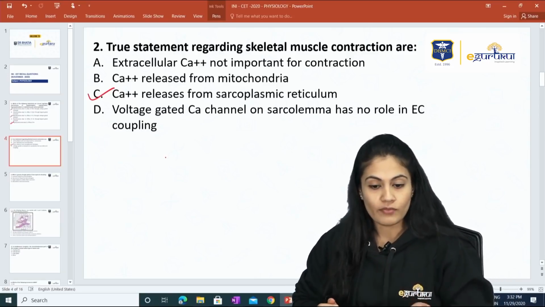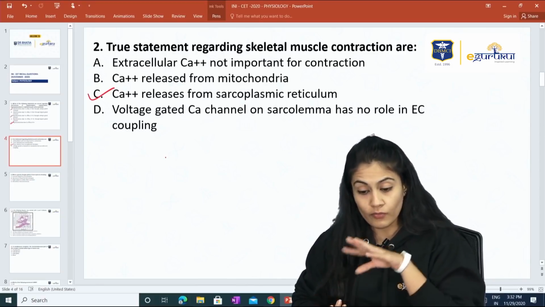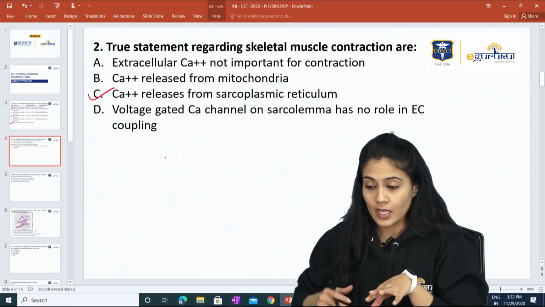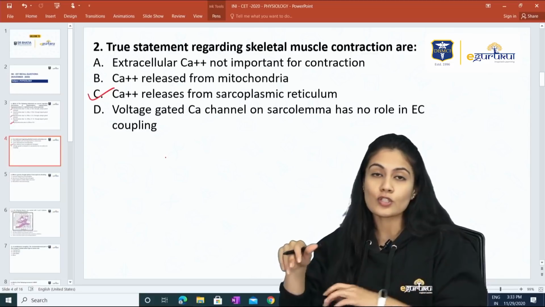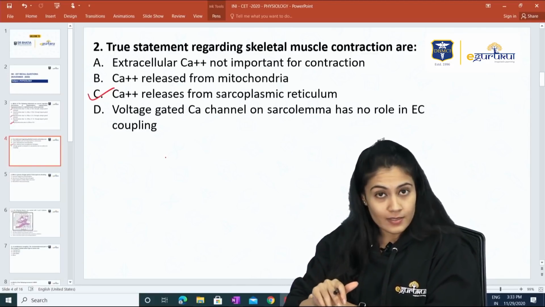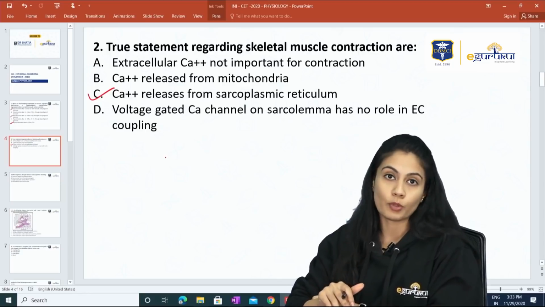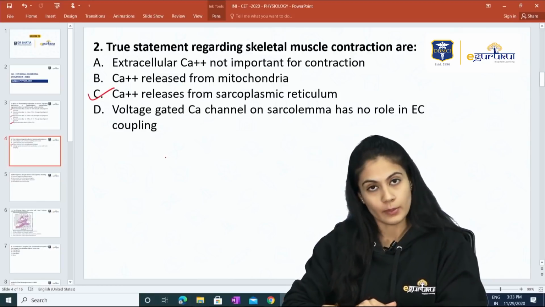Sodium cannot go outside and will be stuck inside, because there is less calcium in the blood and the sodium calcium exchanger will not work. Sodium will build up inside the cell, which will lead to depolarization. So extracellular calcium is definitely important.